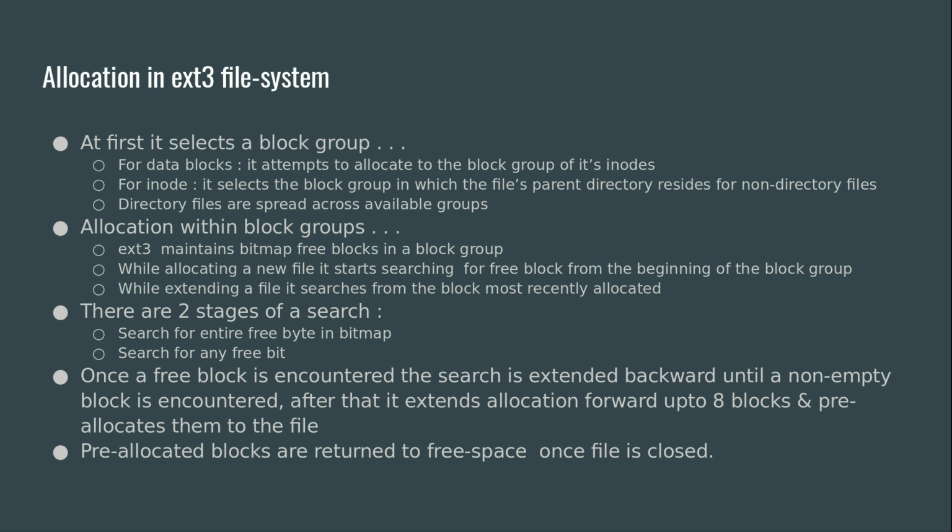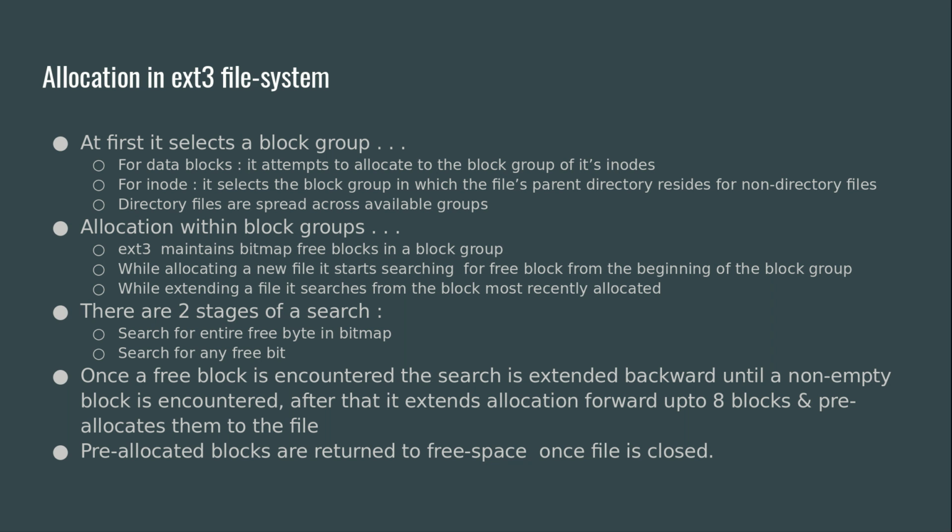Number one, an entire free byte in the bitmap, and number two, any free bit. The entire free byte is searched for to try and allocate in chunks. Once a free block is identified, the search is extended backward until a non-empty block is encountered. This prevents ext3 from leaving holes between two allocations.